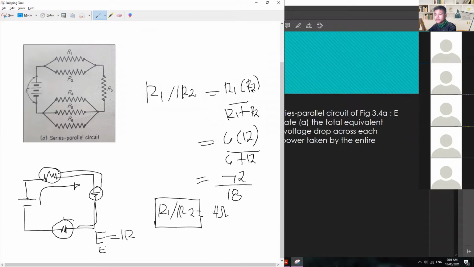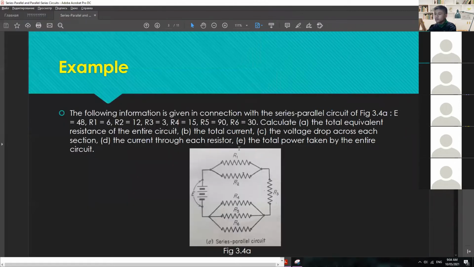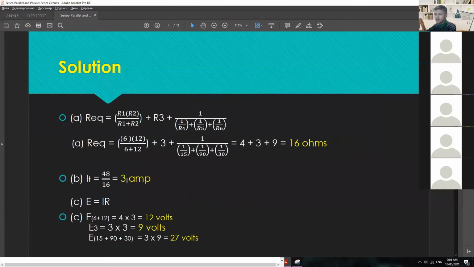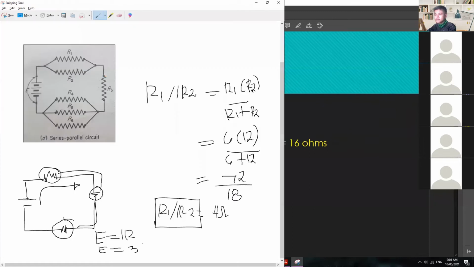Okay? So, E is equal to, kung ano man yung current na na-solve natin, is 3 amps times the equivalent resistance of this one for this specific section, which is 4, 3 times 4. So, 3 times 4 is 12 volts. So, this is the voltage drop across this R1 and R2.